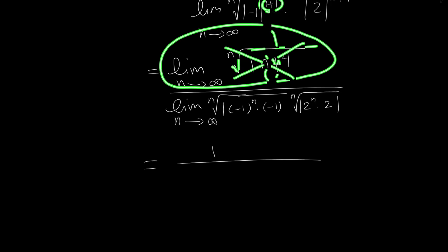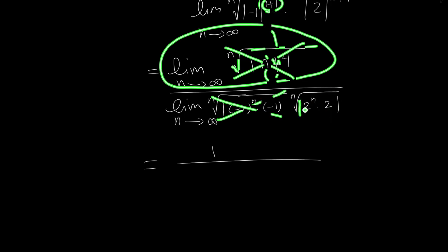How about denominator? Denominator, you have root n of -1 to power n, and it is equal to absolute value of -1, which is positive 1. And then you have absolute value of -1, which is the positive 1. So the answer for this part is 1. How about this one? We have absolute value of 2 to power n and absolute value of 2.